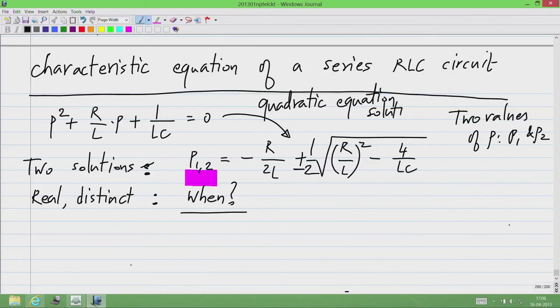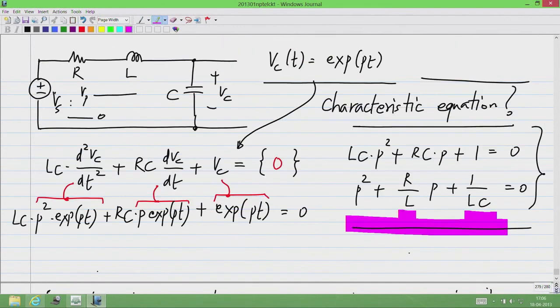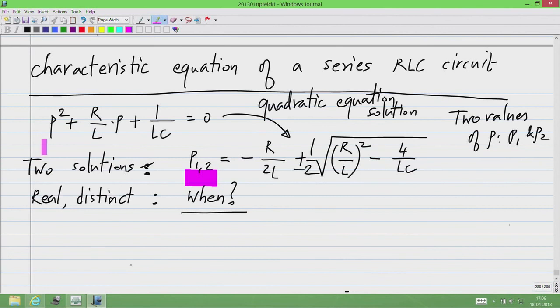Now, why am I calculating the solution to this? If you recall here, I have a first order equation in P, I solve that for P and I will get the characteristic frequency. I have to put this into exponential. Here I have a second order equation for P, so I will get the characteristic frequencies, two of them, and I have to put them into two exponentials.